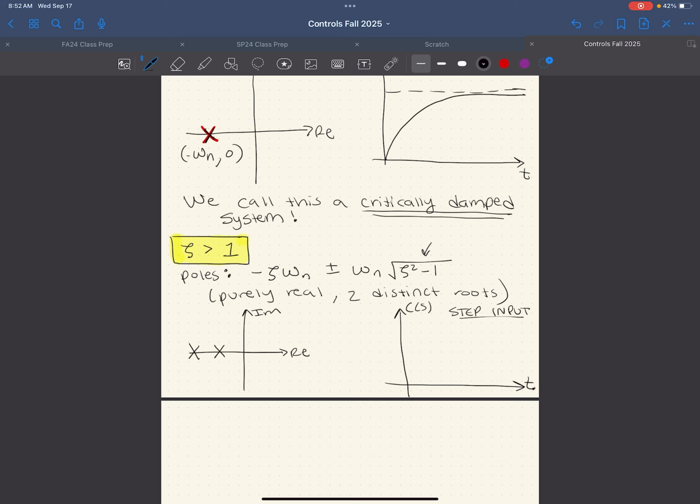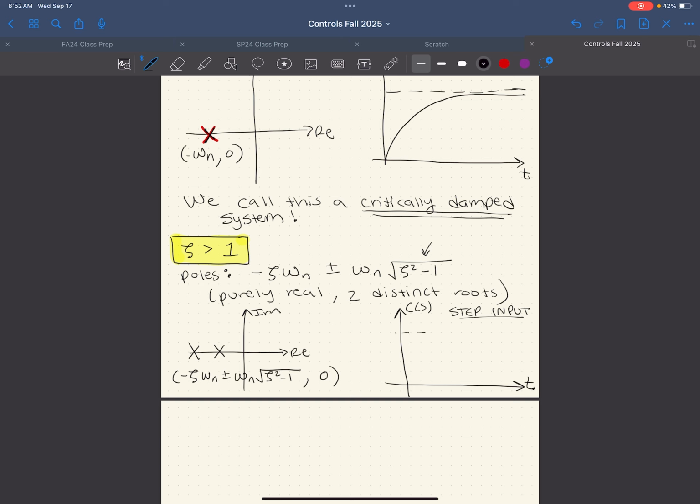So both roots are on the real axis, but they are separate from each other. And I can write these coordinates as minus zeta omega n plus or minus omega n square root zeta squared minus 1 comma 0 imaginary.